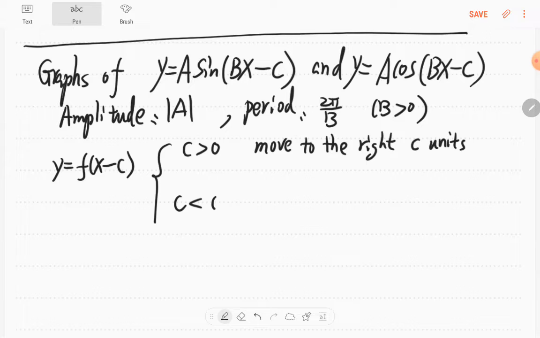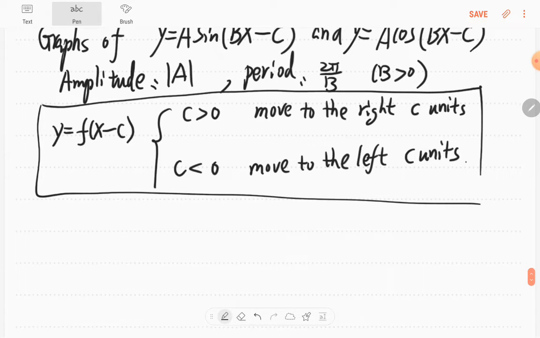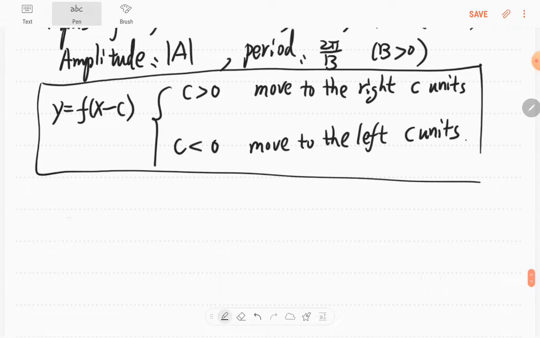If c is less than 0, move to the left c units. Okay, so this is the technique of the transformation, moving the graph horizontally.